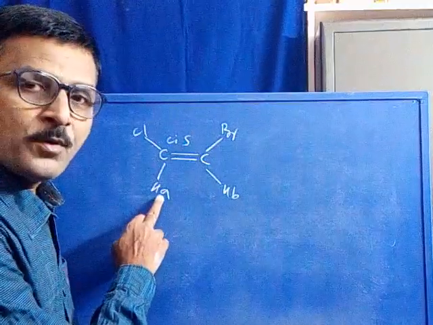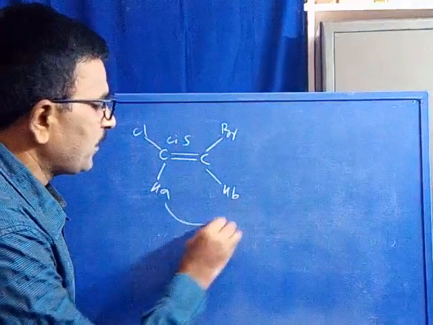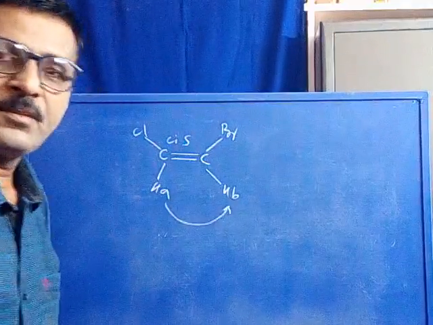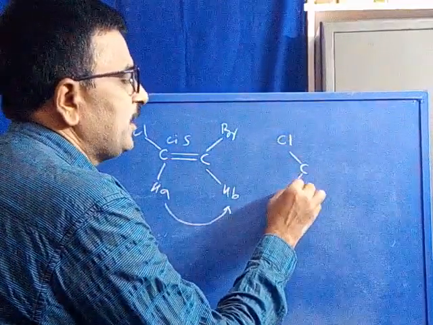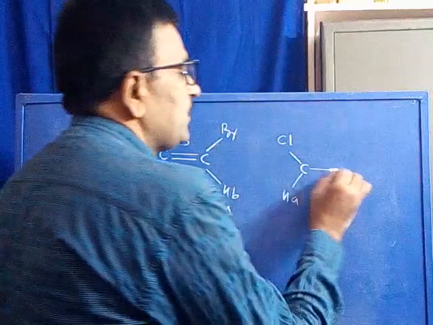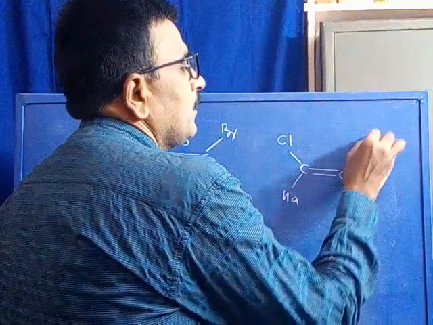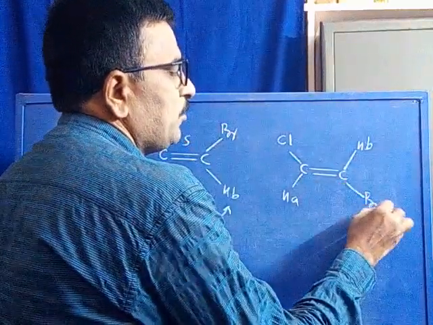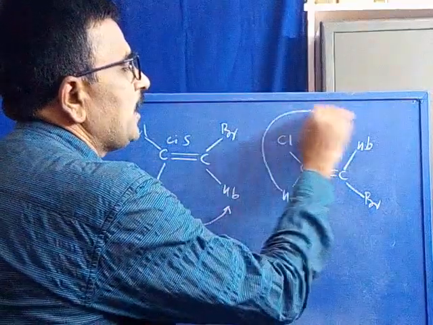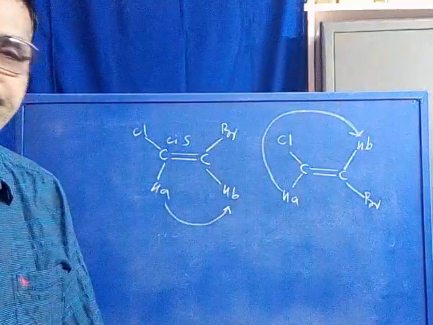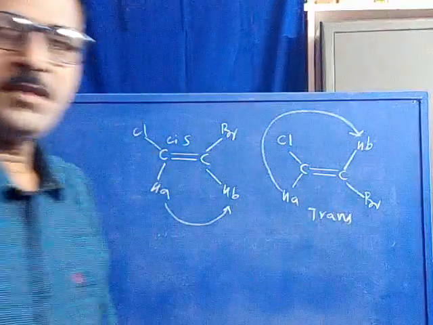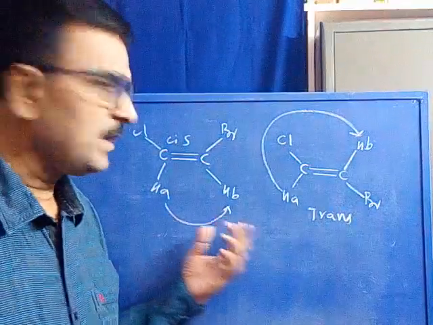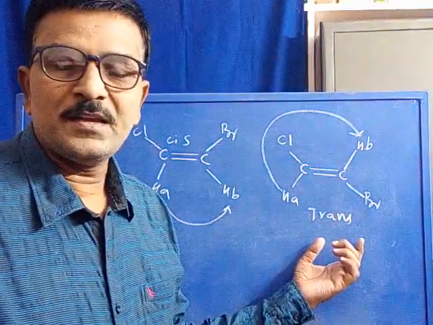Here proton A is coupled with B proton. Similarly, you have its trans configuration: Ha hydrogen, Hb hydrogen, and this is bromine. Here also AB protons are coupled. This is a trans. The first configuration is a cis alkene, the second one is a trans alkene.